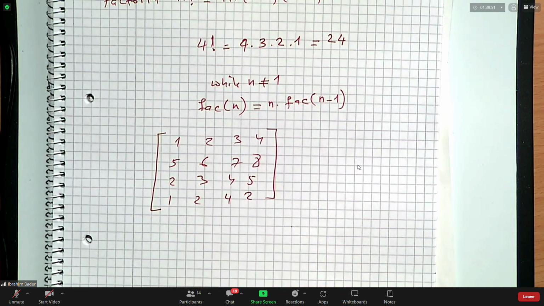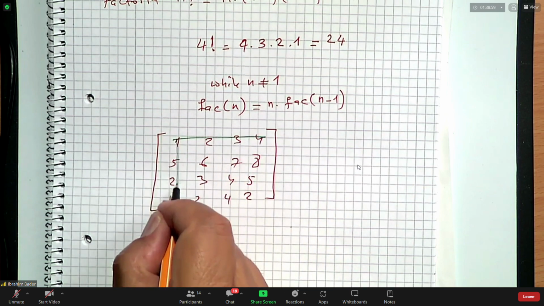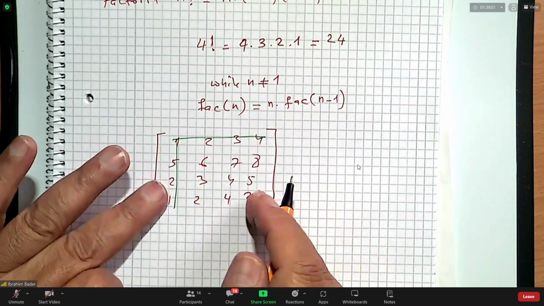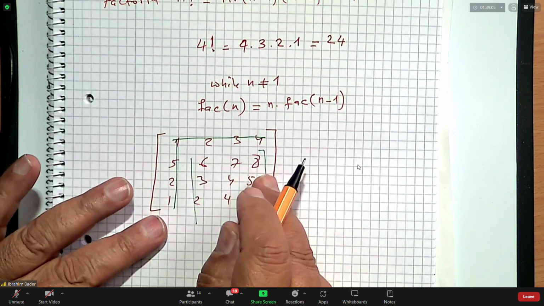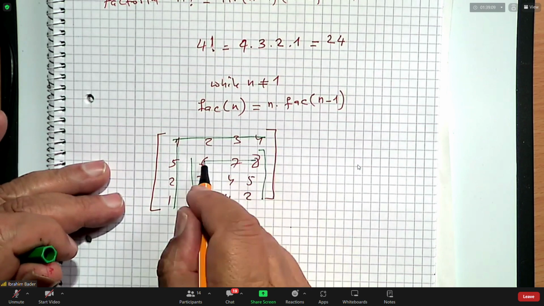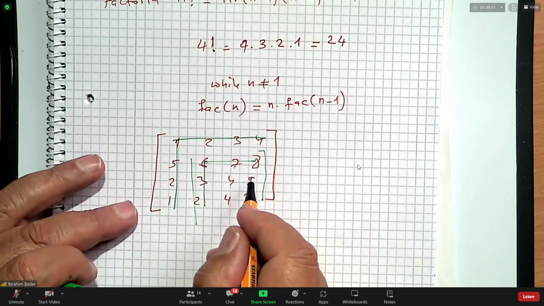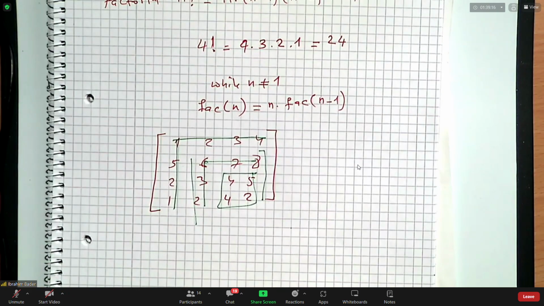This is obviously a 4 by 4 matrix. The Leibniz algorithm suggests that out of this matrix, we take the first column and first row. Then we end up with another matrix, which is 3 by 3. From 4 by 4 to 3 by 3, then again, and so on until we get to a 2 by 2 matrix. Then we stop there and calculate it.